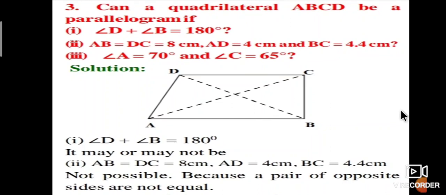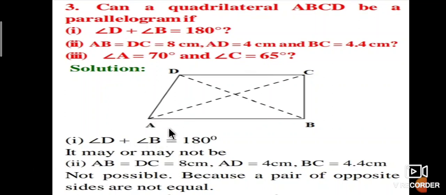Next, the third question is: can a quadrilateral ABCD be a parallelogram if angle D plus angle B is equal to 180? Second, AB is equal to DC is equal to 8 centimeter, AD is equal to 4 centimeter, BC is equal to 4.4 centimeter. Third, angle A is equal to 70 degree and angle C is equal to 65 degree.